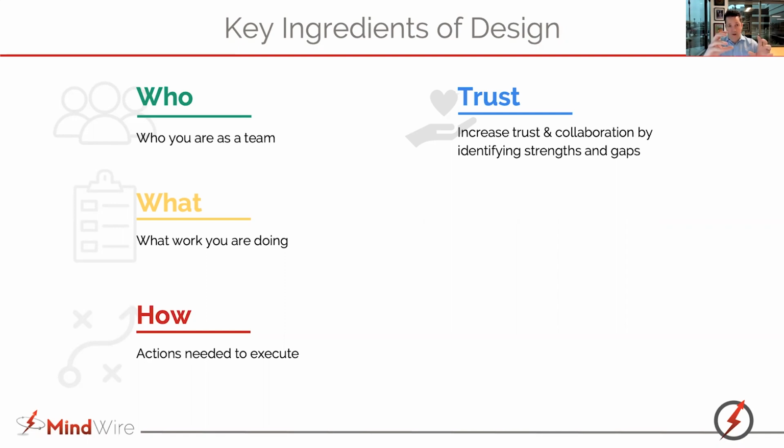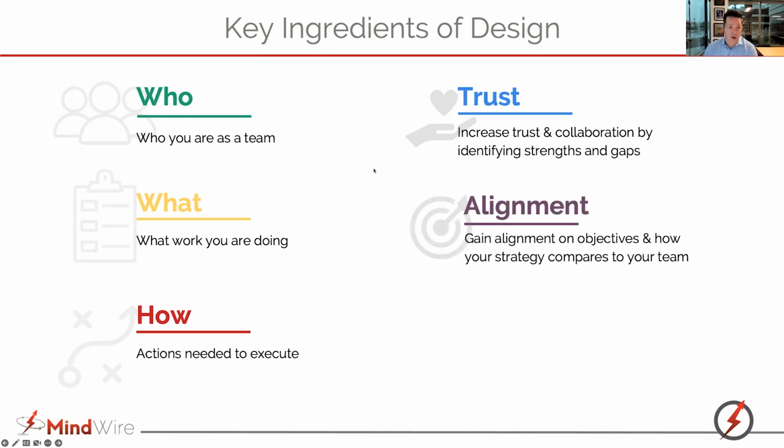Not only that, but I also know how to work with Hero, and how does Hero know how to work with Tom on this team? What do I do and not do so that we can increase our speed to trust and effectiveness by not just identifying team strengths and gaps, but also knowing what Hero is going to be great at and contribute well, what she's not? And same thing for me. That's a pretty important element to help a team go faster.